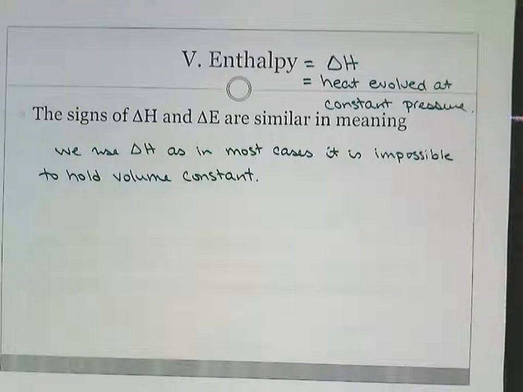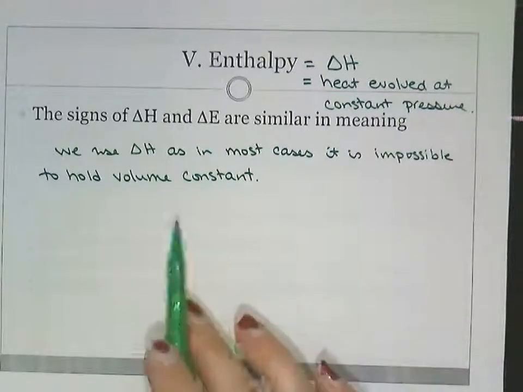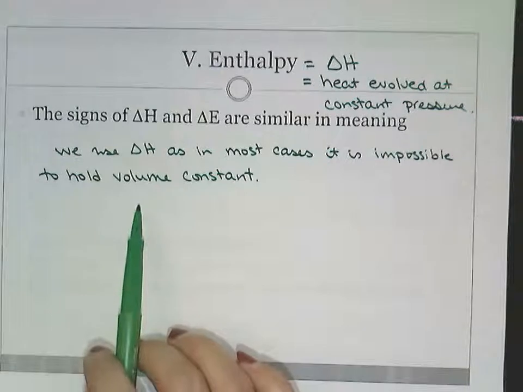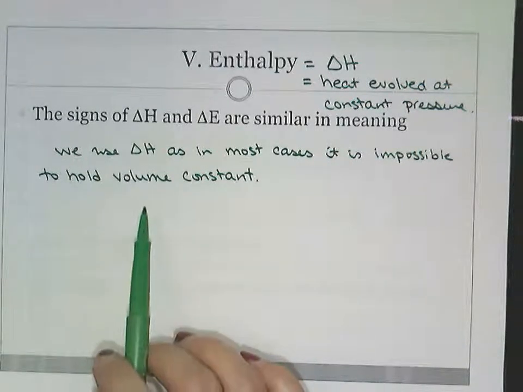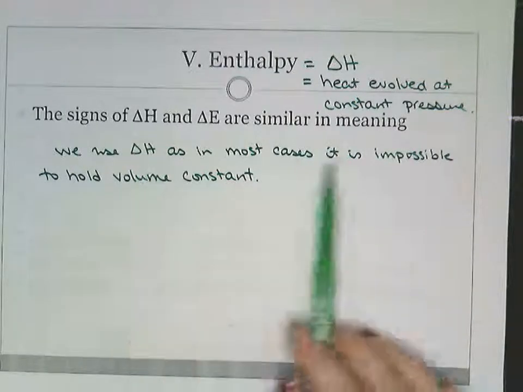It's much easier to hold the pressure constant, right? We're all on the planet Earth, so in general, the pressure is right around 1-ish. It's very hard to hold the volume constant for the majority of experiments you want to do. Almost impossible. So we use delta H because it's at constant pressure, which is much easier to control.